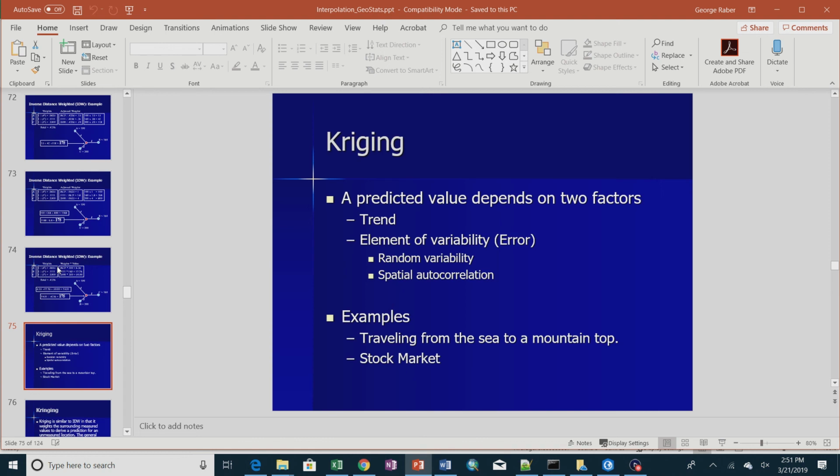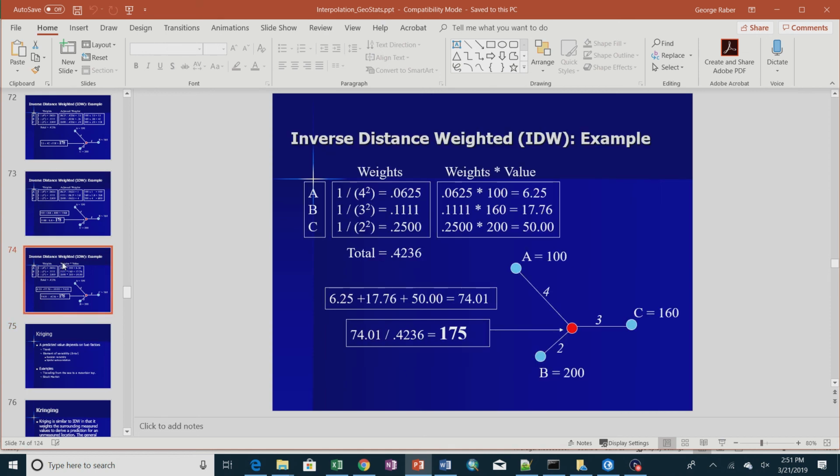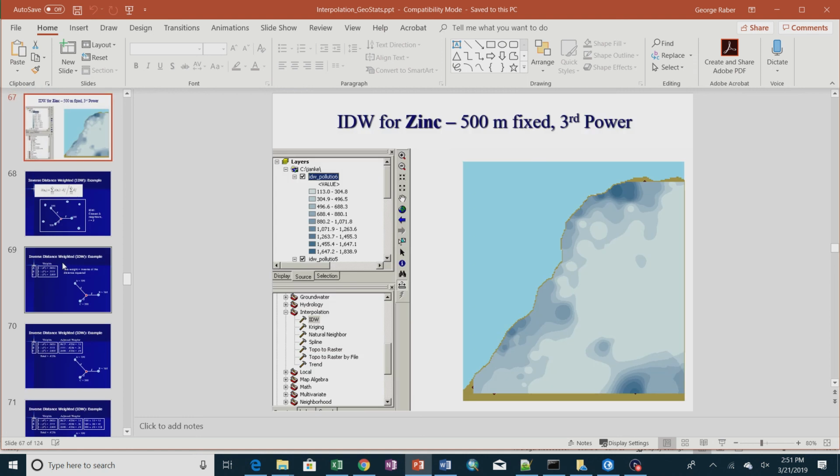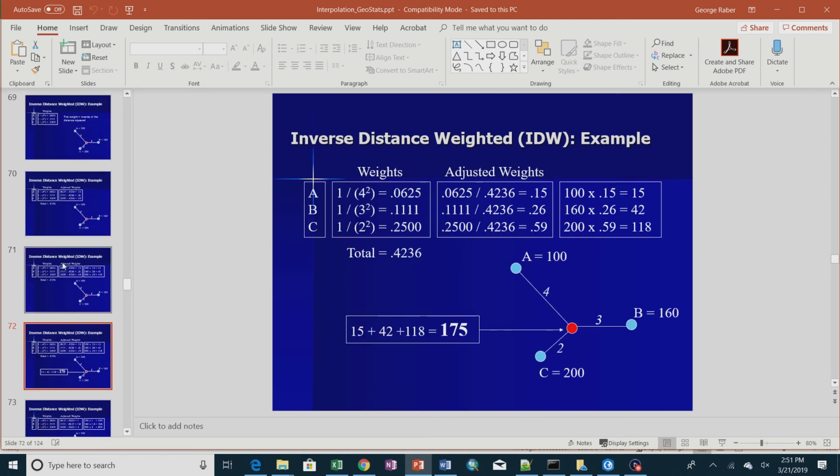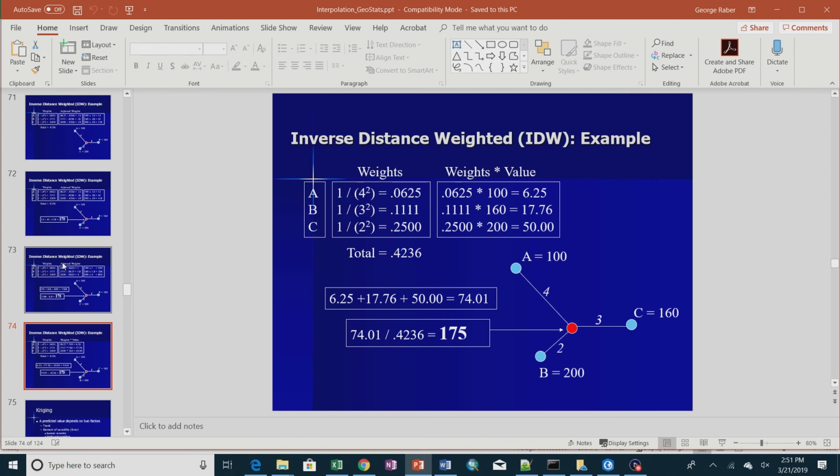The way the formula is written is actually closer to this method, right? Because we didn't divide by the sum of the weights until the end. We multiplied everything by the weight first, and then divided by the sum of the weights. So the way the formula is written is actually implemented like this. These represent the weights flipped.